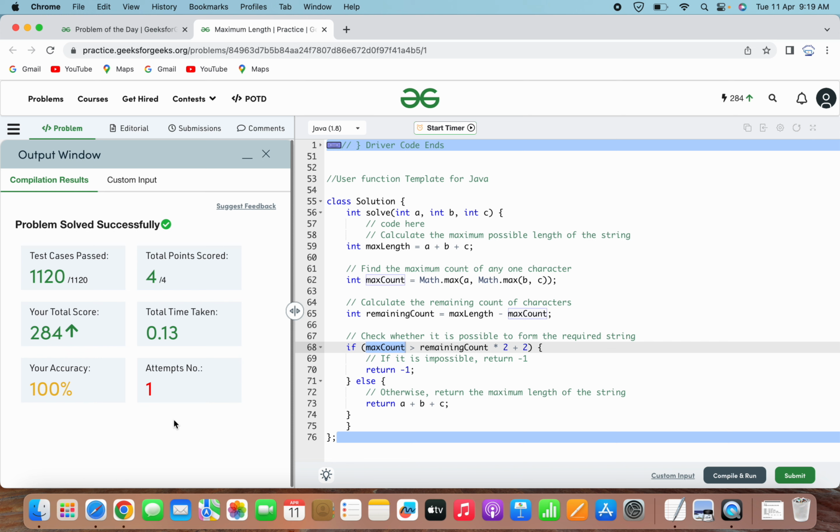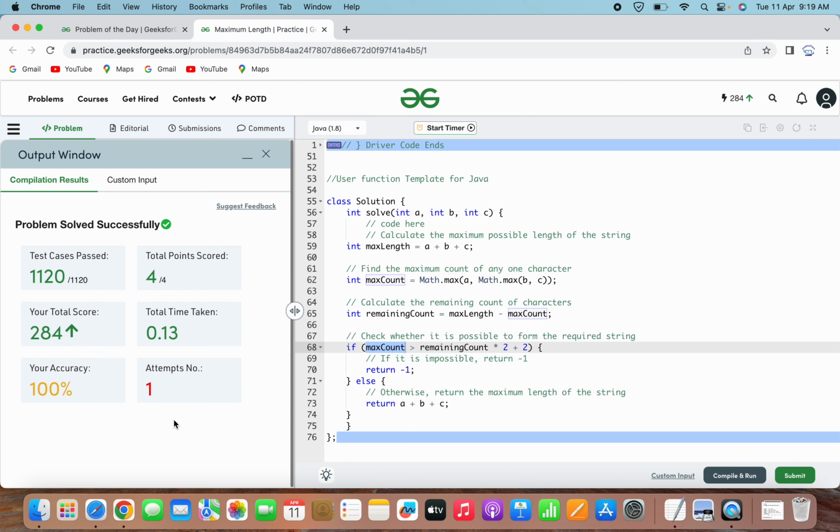So talking about the time complexity of this solution, it is performing some constant number of arithmetic operations, comparison, return statement, regardless of input values of a and b and c. So here the function is getting executed with a time complexity of big O of 1.